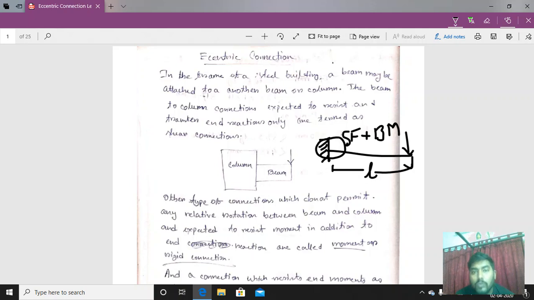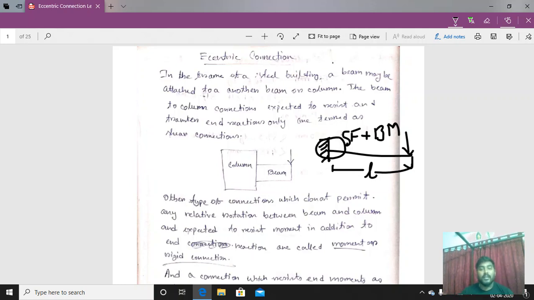Up to now, in the design of the connections, that is bolt connection and weld connection, we have analyzed the connection based on the axial force. But in the eccentric connection design, we will be designing the connection with the combined action of shear force and bending moment. So eccentric connection is very important.